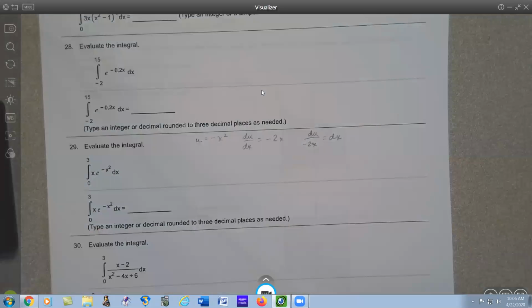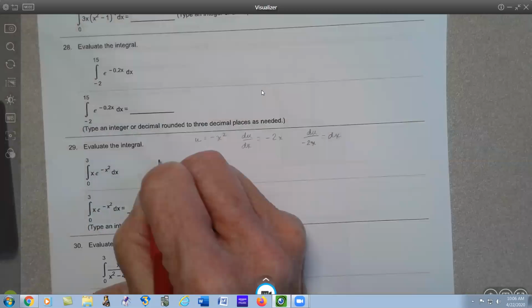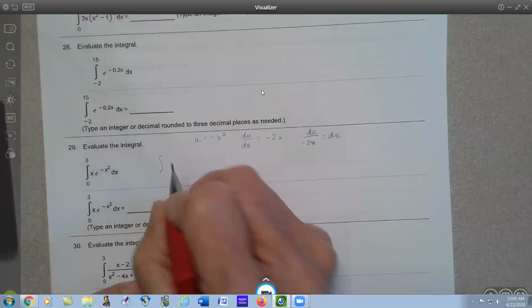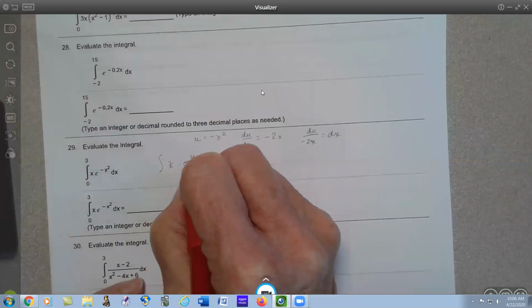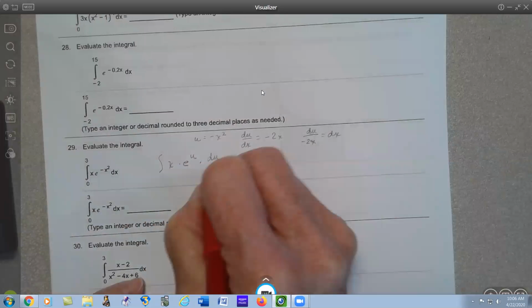Yes. Okay. So I'm just going to integrate it first. My x's eliminate.